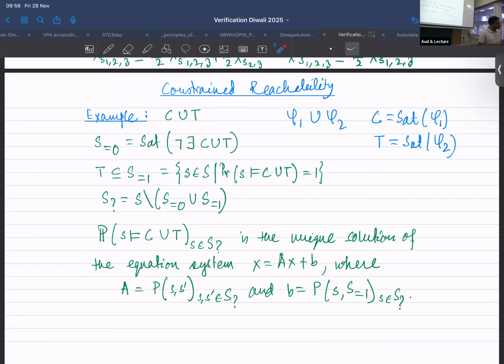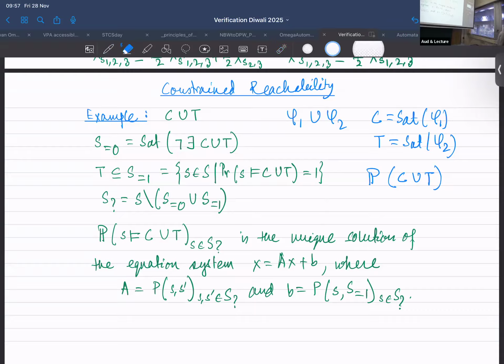So what we are trying to do is ask what is the probability of satisfying this path formula C until T from a given state. If from a state there doesn't exist any path which satisfies C until T, then that state satisfies this formula with probability 0, because there doesn't exist any path. So this is what it says.